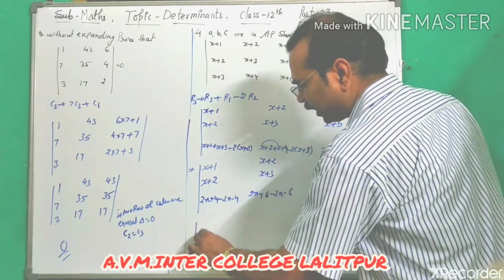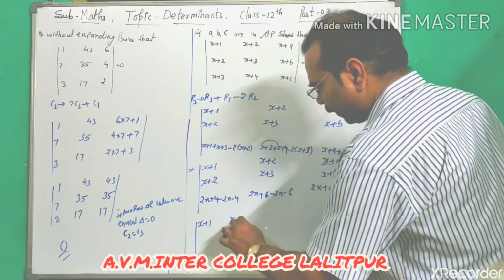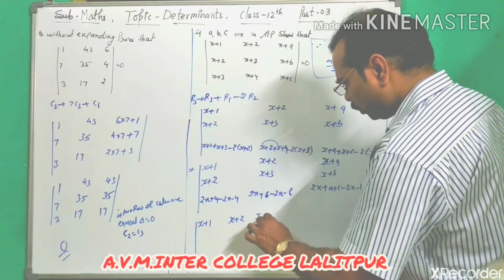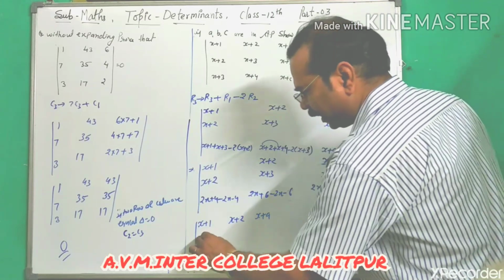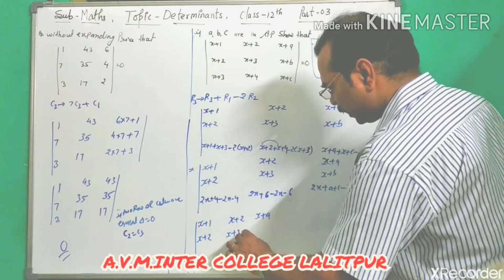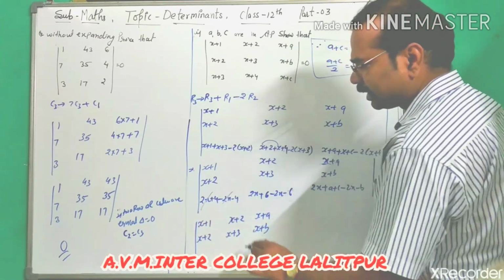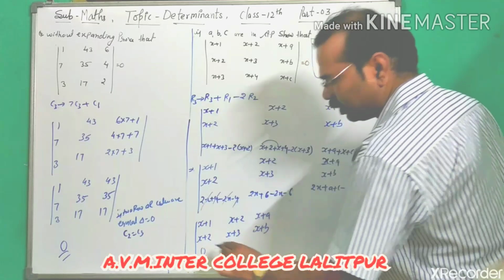Okay, now what is the next step? Our x plus a, x plus 2, x plus a, it is also x plus 2, x plus 3, that is x plus b. 2x cancels, 4 cancels, that value is 0.